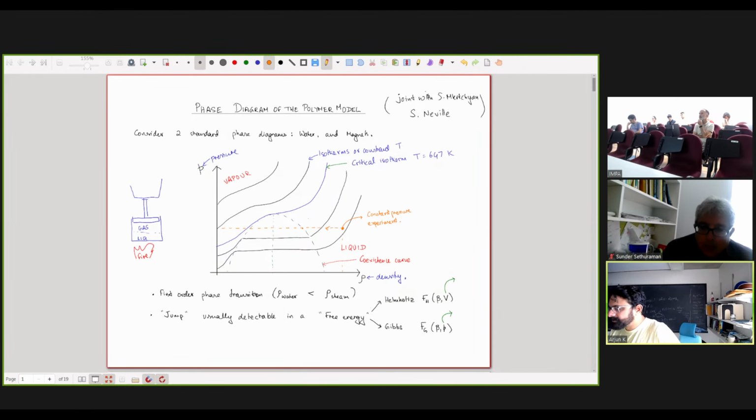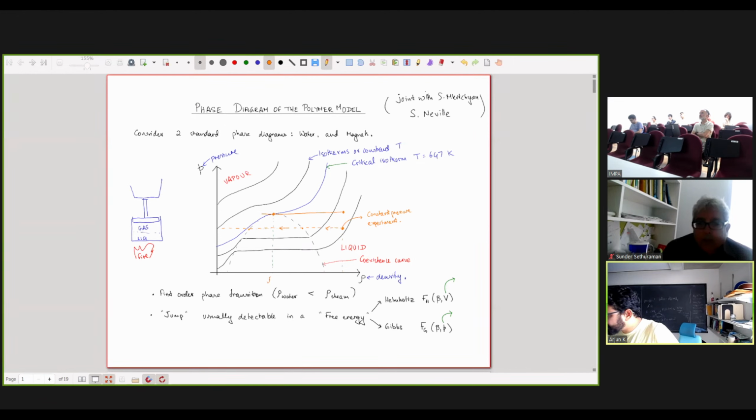So it hits this curve, and then slowly the liquid starts boiling off. As you keep going to the edge of the coexistence curve, all the liquid is boiled off, and now you become completely vapor.